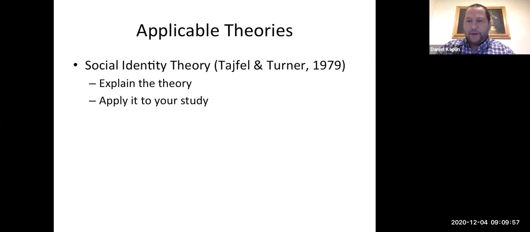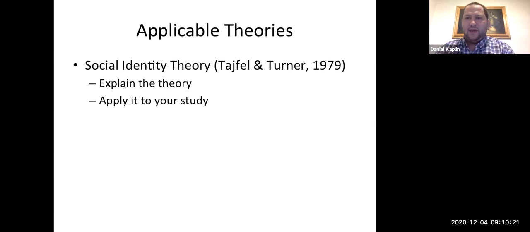Then you're going to talk about your applicable theories. By the way, you have all of this because you did this last semester. So your applicable theories, here's an example of a theory. You would state what the theory is, social identity theory.